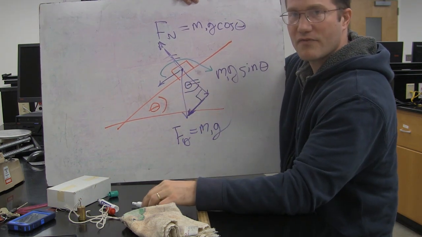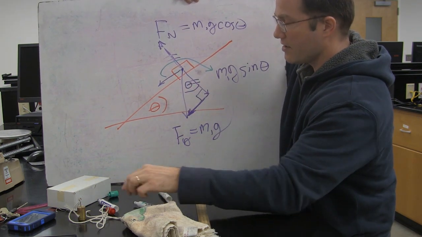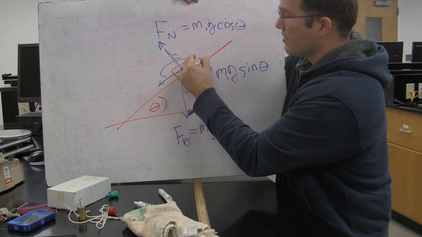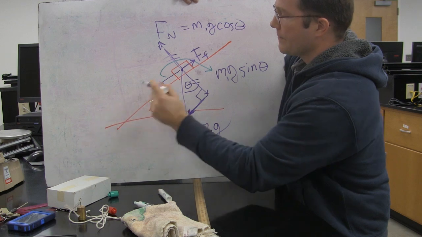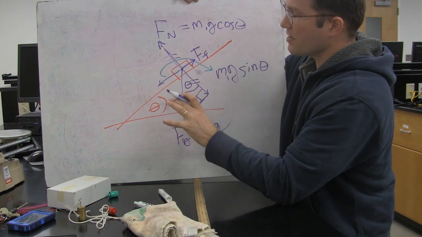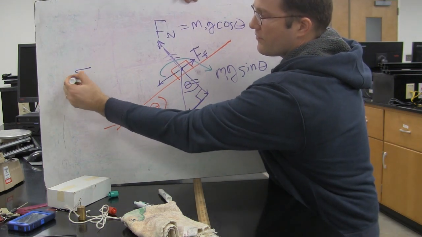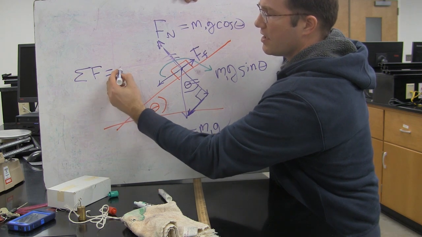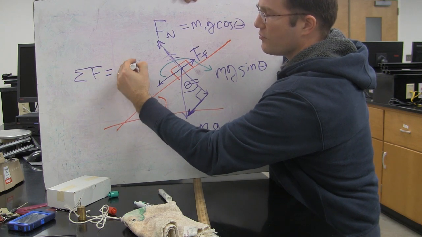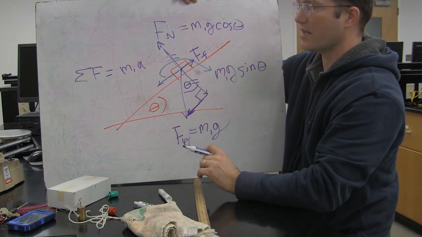That contributes to the net force. Now don't forget that we also have the force of friction. So our total net force on the box is, of course, the mass m1 times acceleration, m1a.